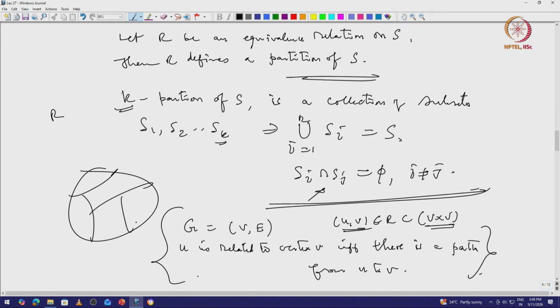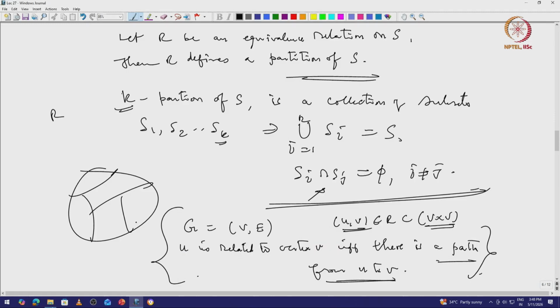This relation is reflexive. There is a path from U to U. It is symmetric, since it is an undirected graph. If there is a path from U to V, the same path can be considered as a path from V to U as well.